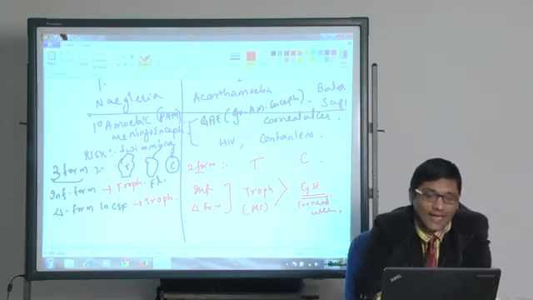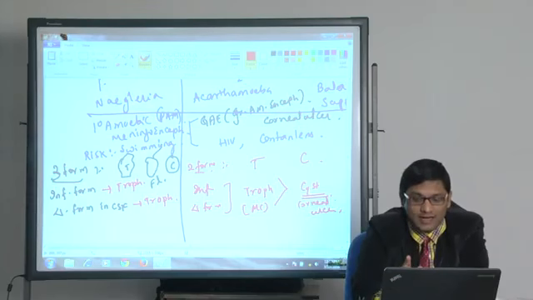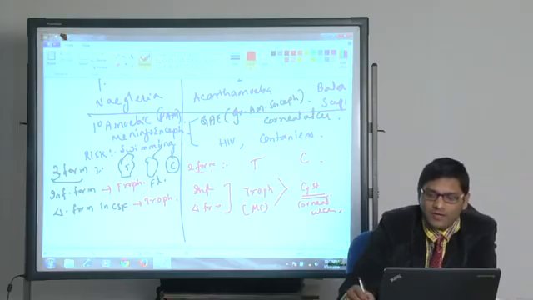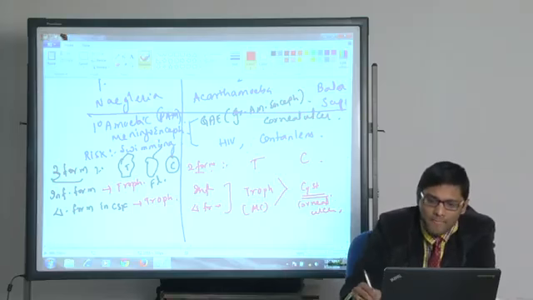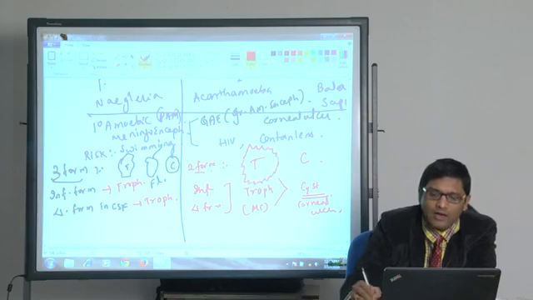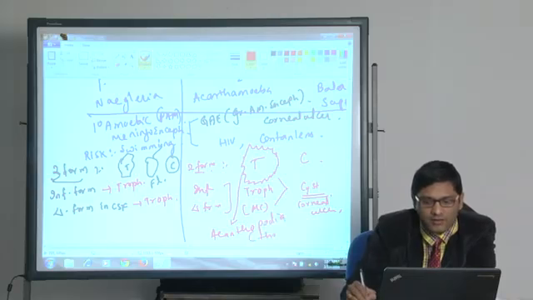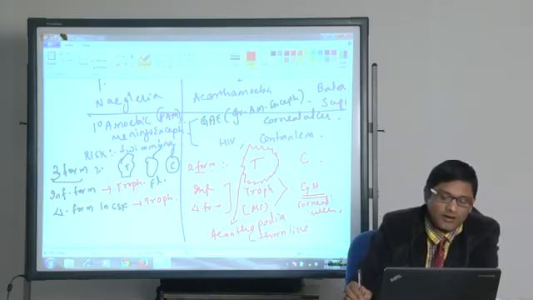Acanthamoeba trophozoite and cyst have specific features to identify them. The trophozoite of Acanthamoeba has a very peculiar pseudopodia, thorn-like pseudopodia called acanthopodia.